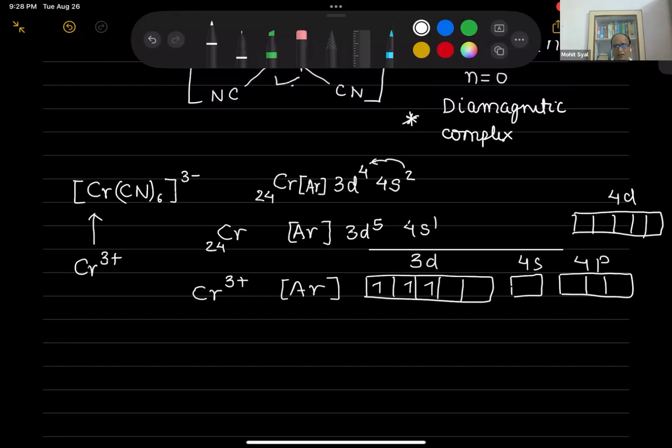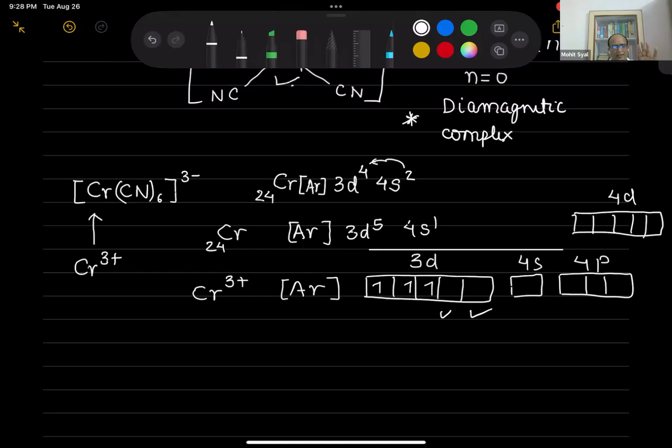Hund's rule? No. Actually, you already have 2 empty d orbitals available. You don't have to pair them further because you need 6 empty orbitals. Got it?